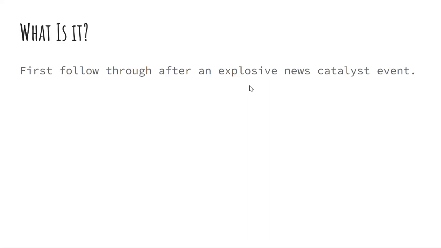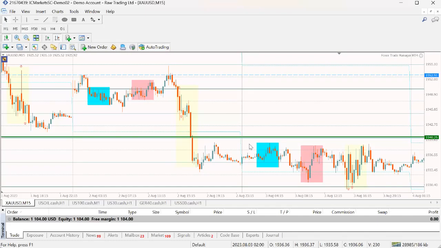But I believe after explaining this, there will be a better understanding of how to go about taking this trade. So what I'm going to do is go to the chart and explain the examples from there. All right, so what I did was I went back all the way to the 1st of August.